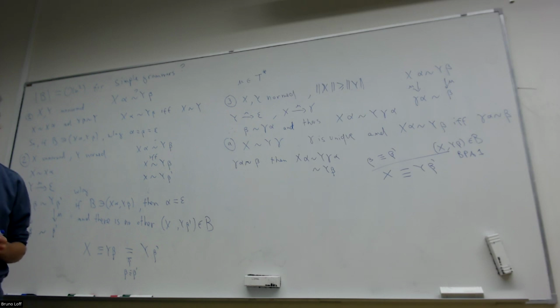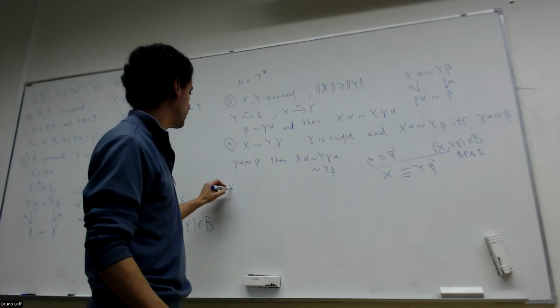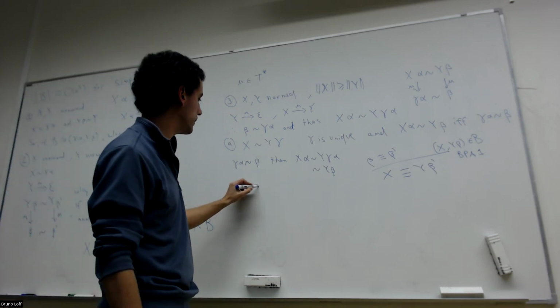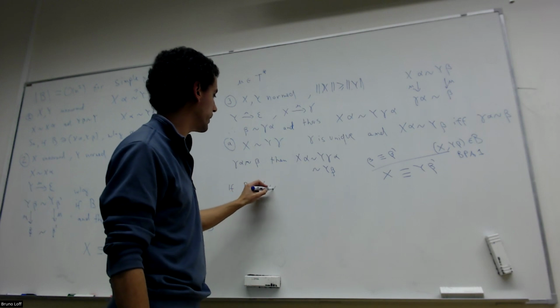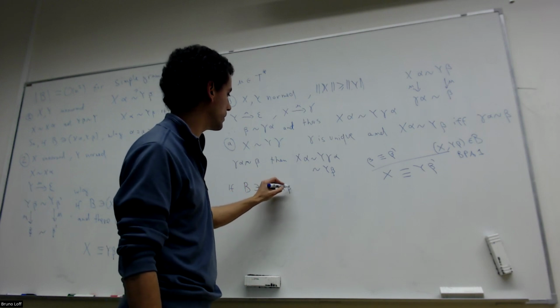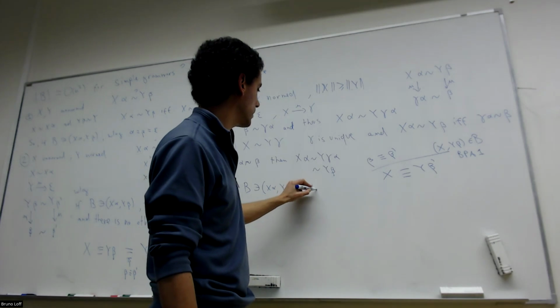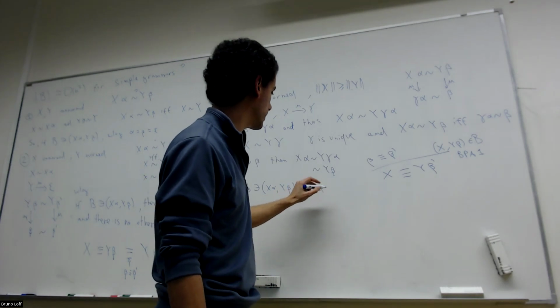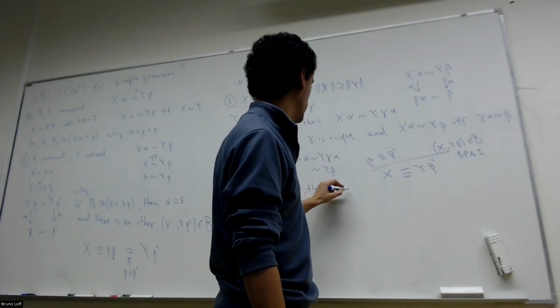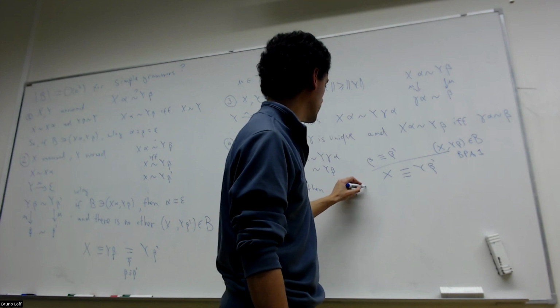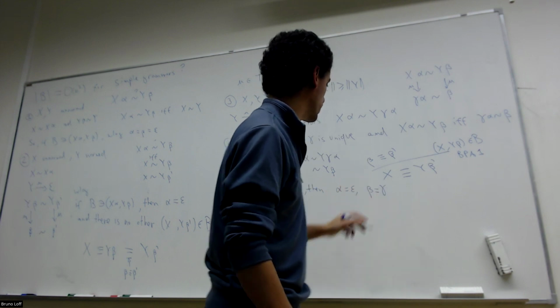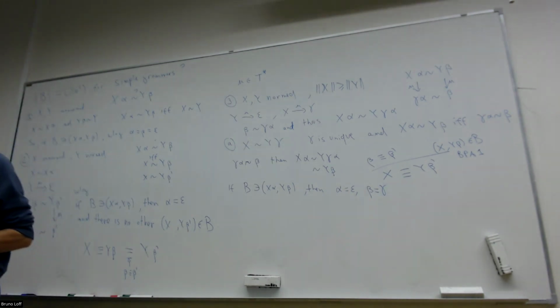Okay. So in this case, the conclusion is that if my base B has some pair x alpha y beta, then I can just take alpha to be the empty word, and beta to be my word gamma.